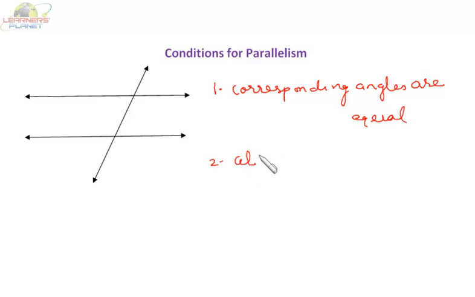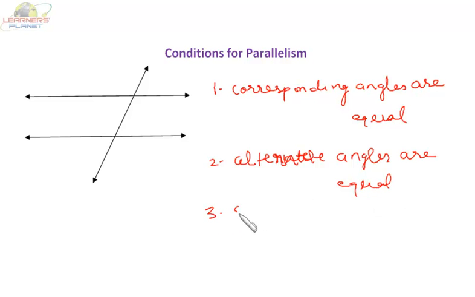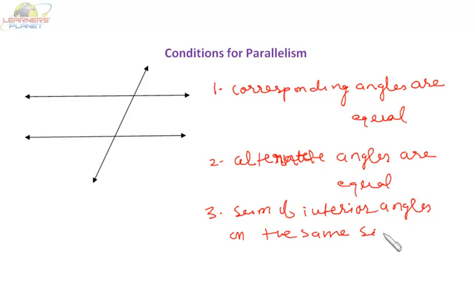Second, alternate angles are equal, and the third is the sum of interior angles on the same side is 180 degrees.